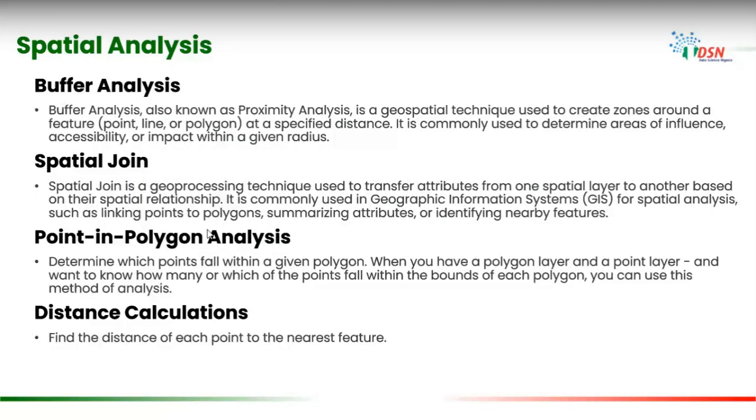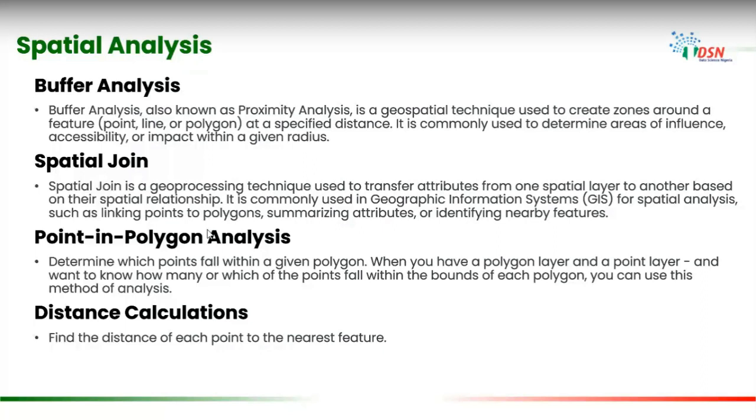If you have a hospital, a buffer means you want to know the area that hospital covers within a 5-kilometer radius. The aim is to help you visualize if there's an overlap. If there's an overlap between 2 hospitals, that means there are a lot of hospitals in that area, so it will not make sense to have another hospital within that 5-kilometer radius. This actually helps planning, and this insight can only be gotten if you do your geospatial analysis.